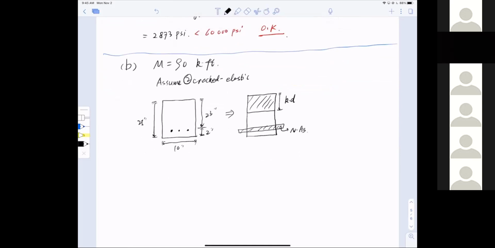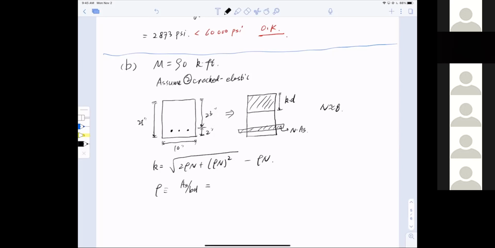To do this, for k, remember we had to use that equation: k equals the square root of 2 rho n plus (rho n) squared, minus rho n. We know n, approximately calculated already, equal to 8 from the previous problem. We don't know rho, which is defined as As divided by bd, the reinforcement ratio.